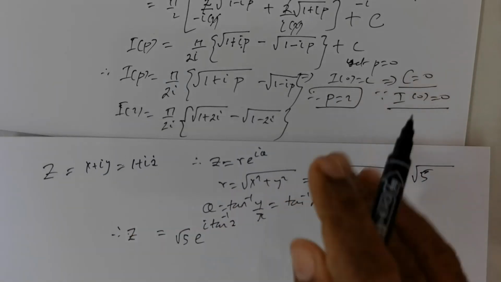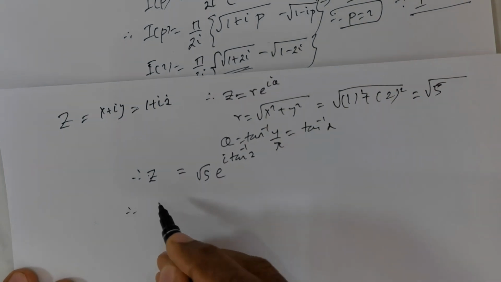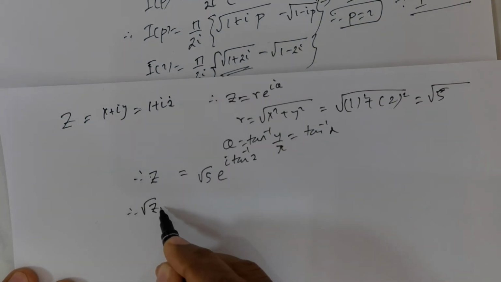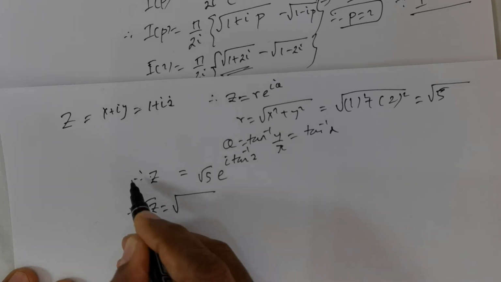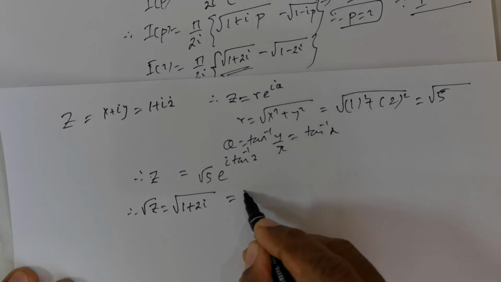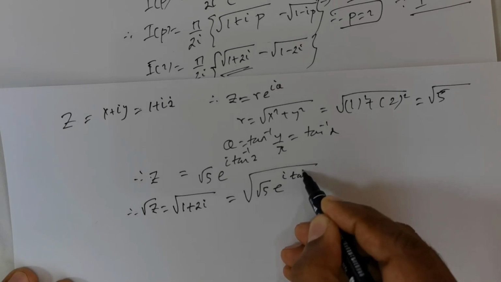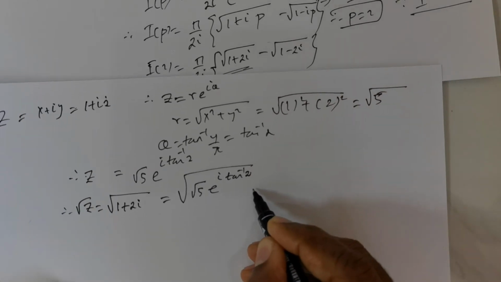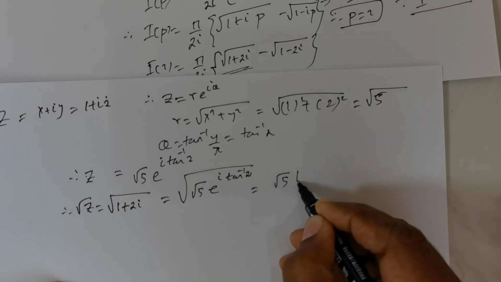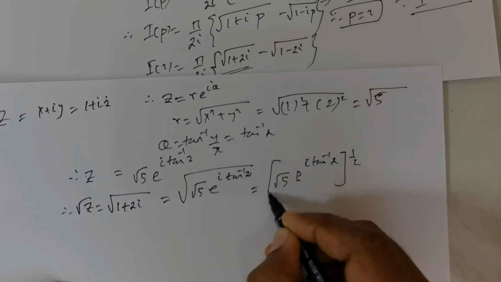Now we don't need exactly z, we need root of z, right? So therefore root of z is root of 1 positive 2i, which is going to be square root of 5 e raised to the power of I times tan inverse of 2. Now this is going to be rewritten as root of 5 e raised to the power of I times tan inverse of 2, raised to the power of 1 over 2.